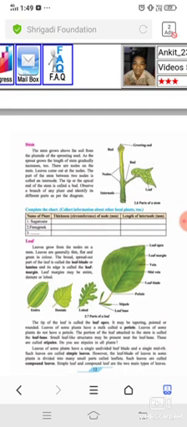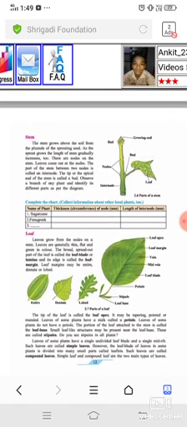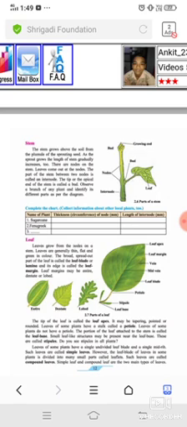Observe a branch of any plant and identify its different parts as per the diagram. Leaves grow from the nodes on a stem. Leaves are generally thin, flat and green in color.